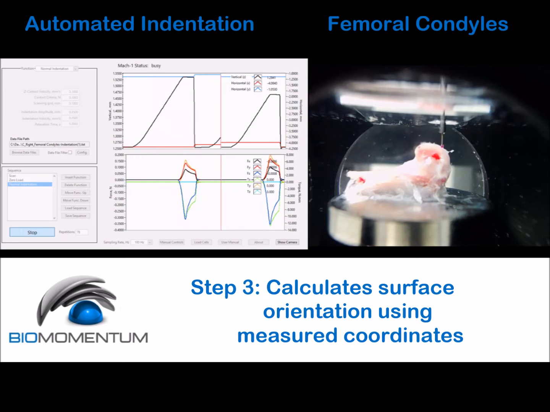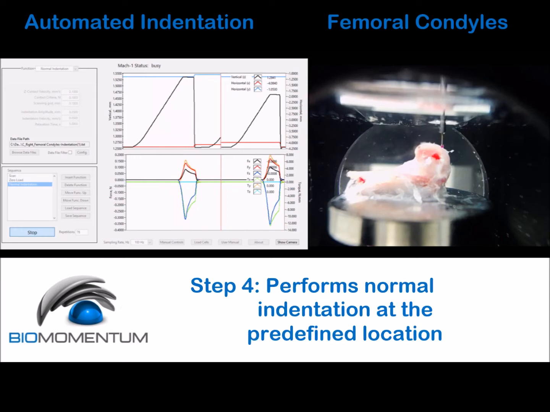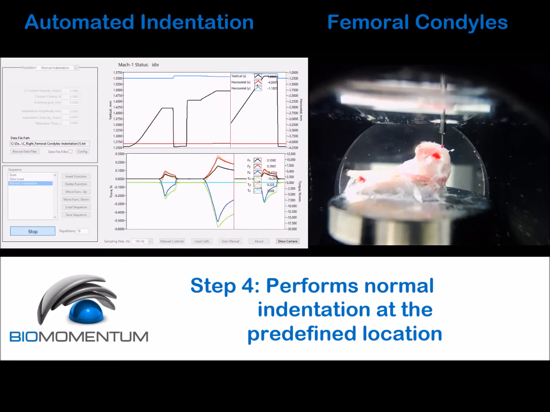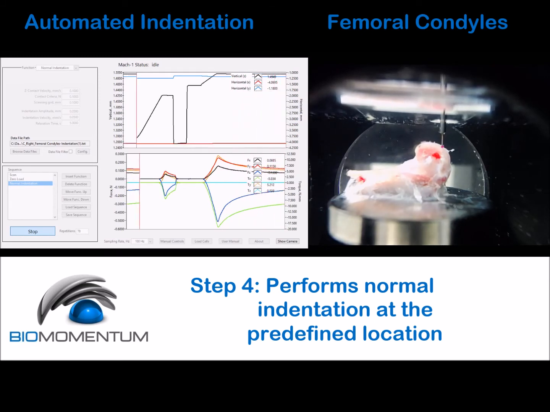Then, the surface orientation is calculated using the measured coordinates. Based on the surface orientation, the multi-axial mechanical tester uses the 3 displacement components to provide a perpendicular displacement. So a normal indentation is performed at the predefined position.